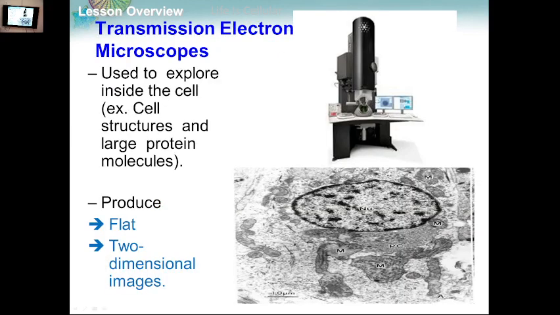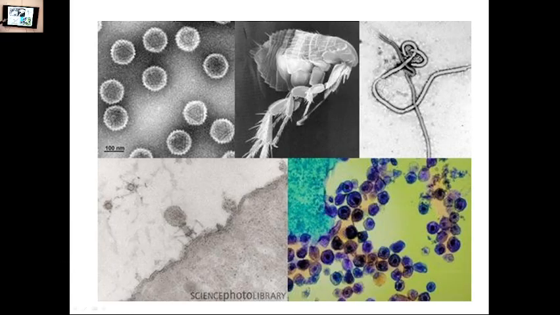Let's study the transmission electron microscope. The transmission electron microscope is used to explore inside the cell, so we can find the cell structures and large protein molecules. They produce a flat two-dimensional image. So flat 2D image, and this is a picture resulting from the transmission electron microscope.